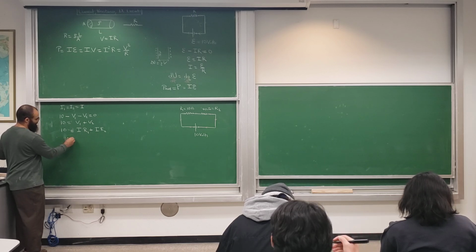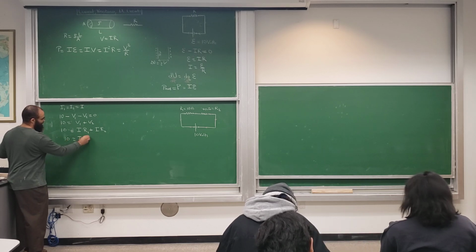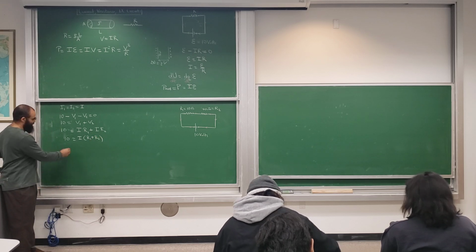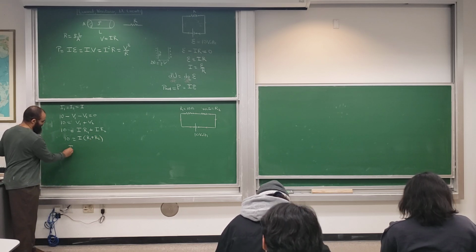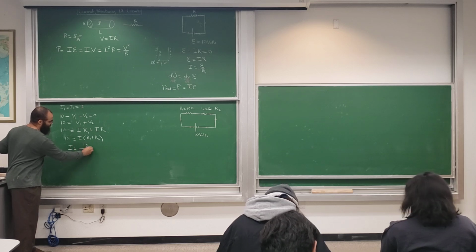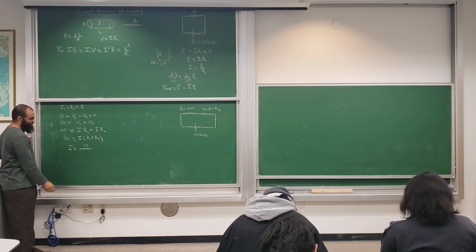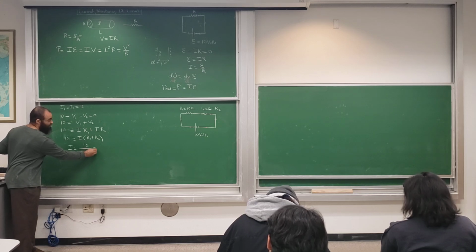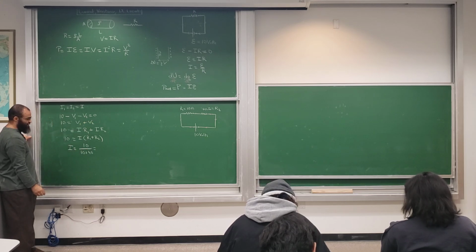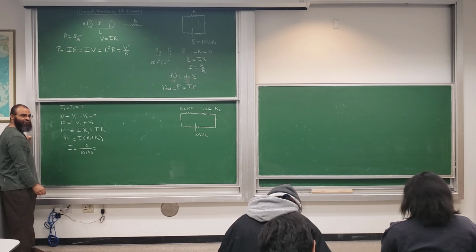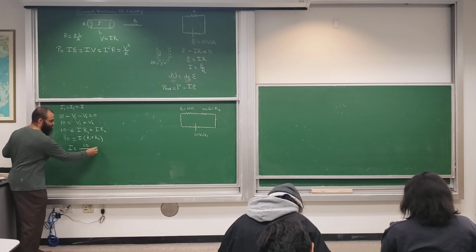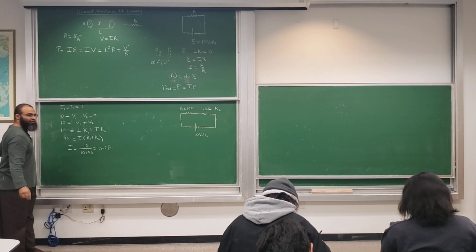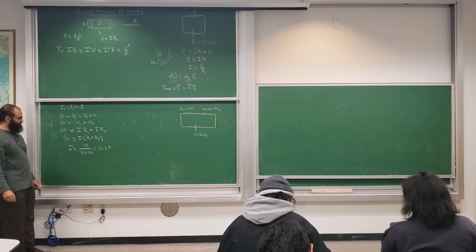So you get 10 is equal to I times R1 plus R2, and so I will equal 10 divided by R1 plus R2. R1 is 10, R2 is 40, so that's 10 over 50, which is 0.2. So 0.2 amperes. That's the current.